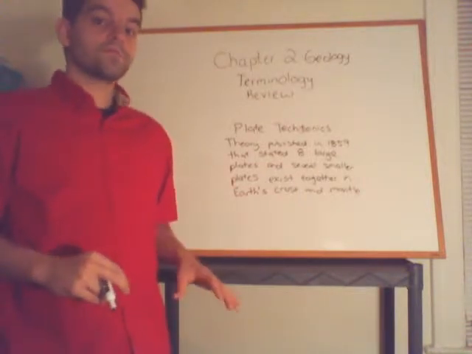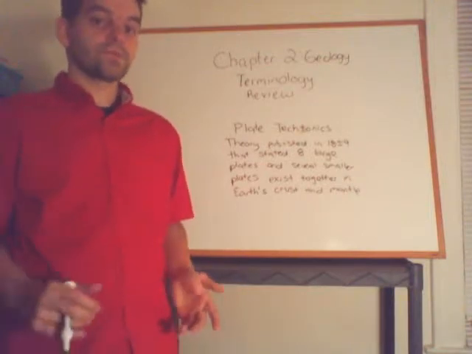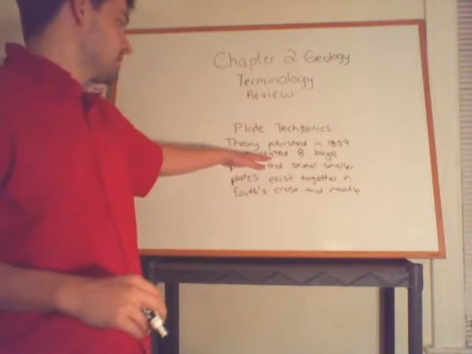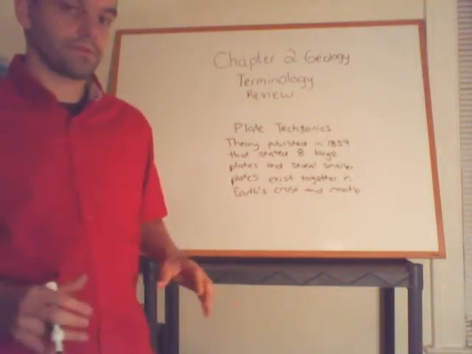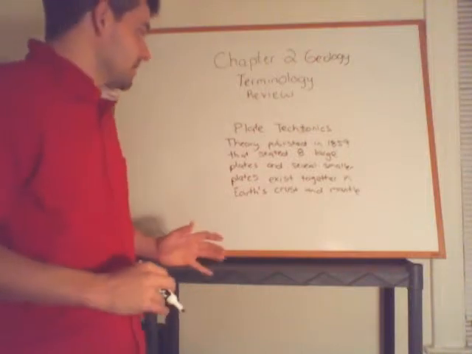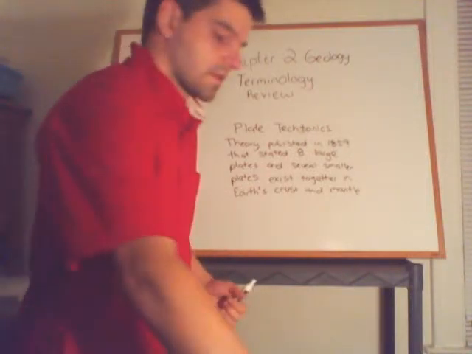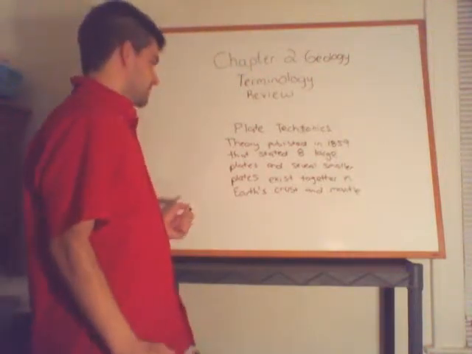The way that the Earth used to be is that it used to be one supercontinent, and it was known as Pangaea. But over the interaction of these plates, those continents developed and dispersed over the Earth. Okay? So keep that in mind as we also talk about the layers of the Earth. Alright, so that's our second definition, plate tectonics.